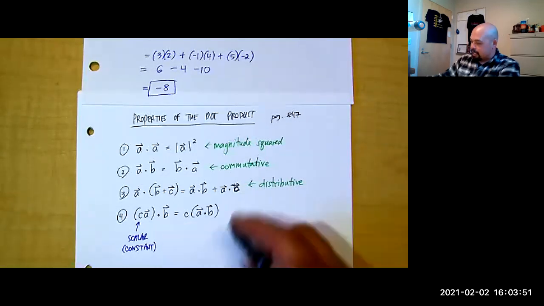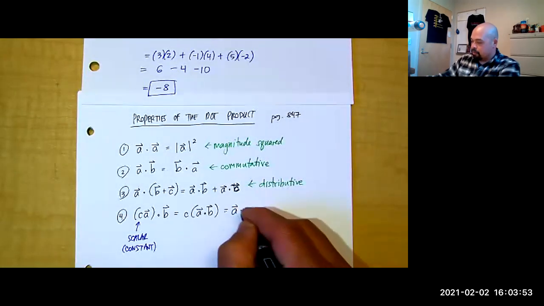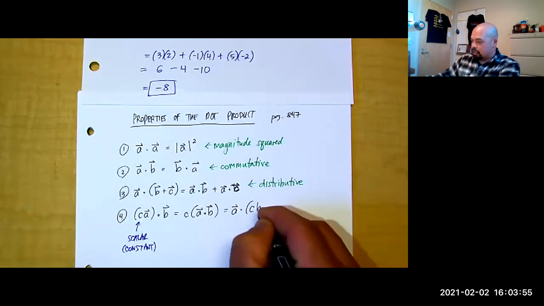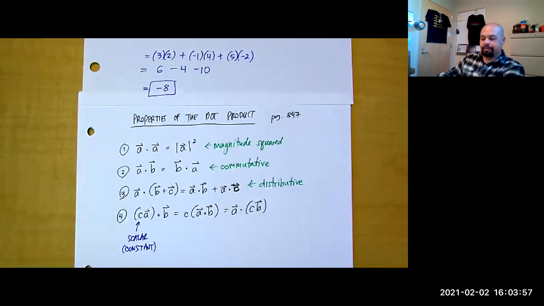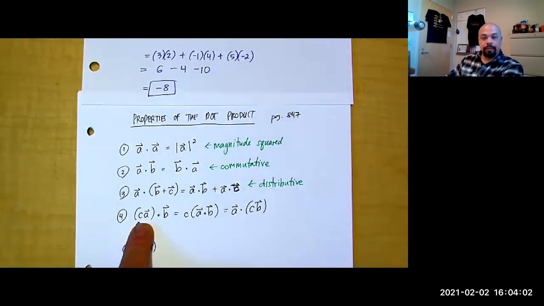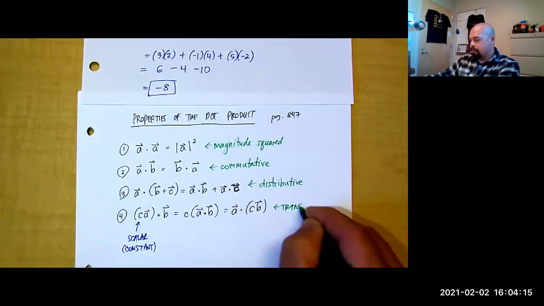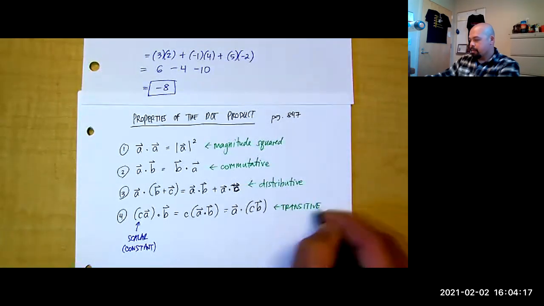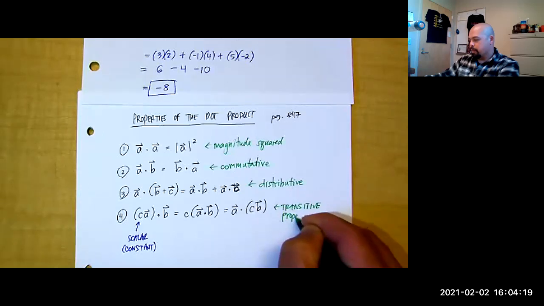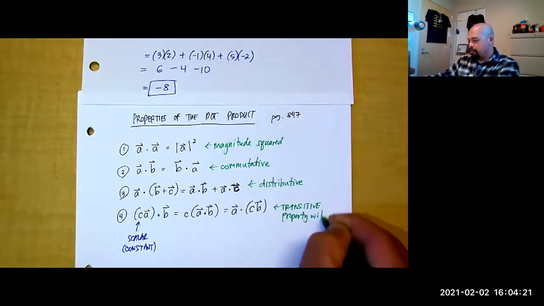Or likewise, I can attach that constant, that scalar multiplication, to the second vector instead. It's not a distribution here. It's which vector, which result, we attach that constant to. So this is kind of like our transitive property with scalar multiplication.